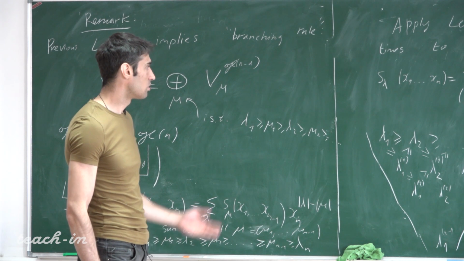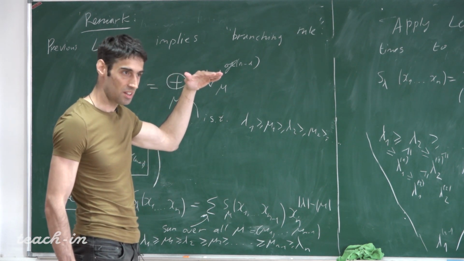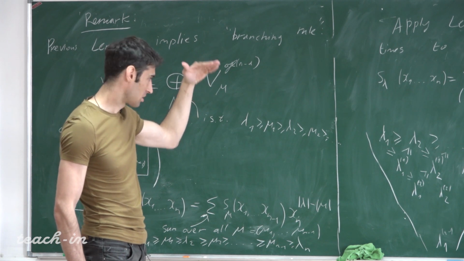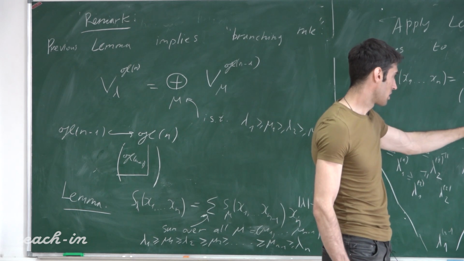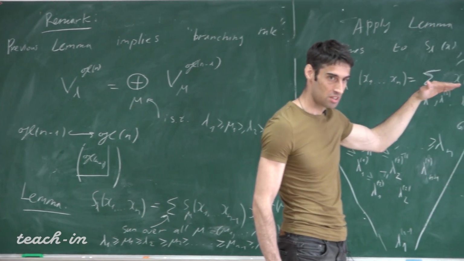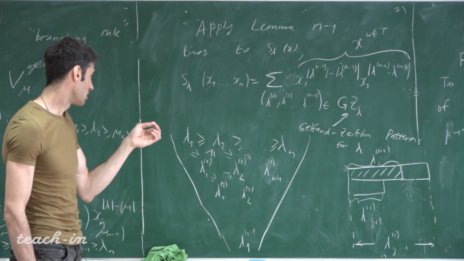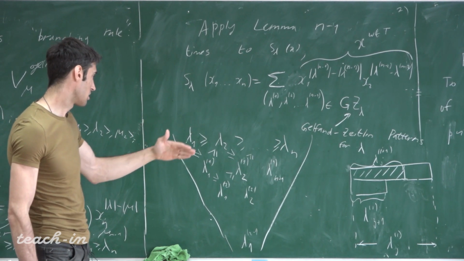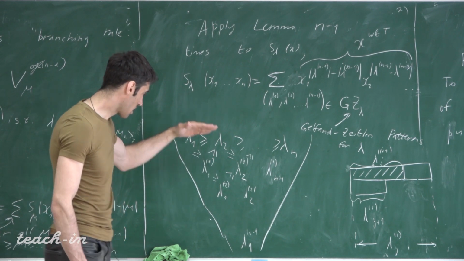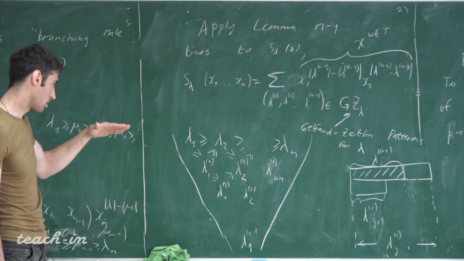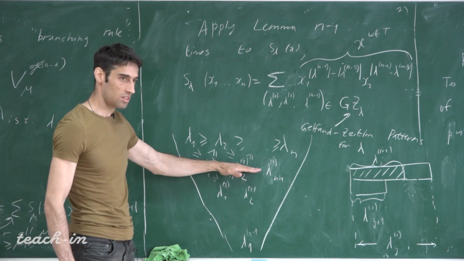And also the vectors in your representations are naturally labeled by Gelfand-Zeitlin patterns. You just take your vector. It sits first of all in some irreducible representation of GLN minus 1, right?